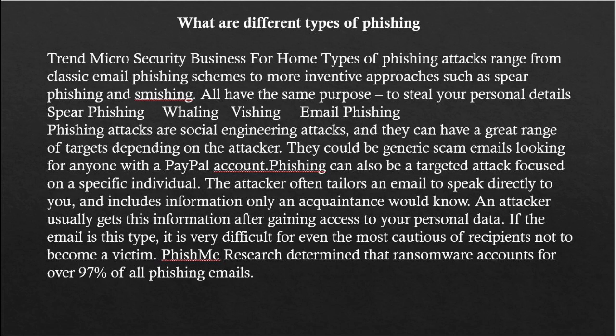An attacker usually gets this information after gaining access to your personal data. If the email is this type, it is very difficult for even the most cautious of recipients not to become a victim. Research determined that ransomware accounts for over 97% of all phishing emails.